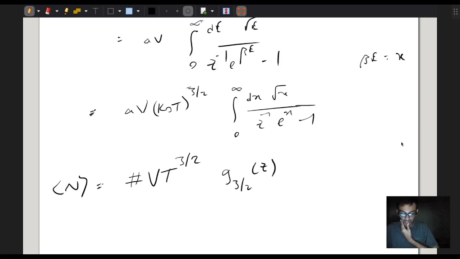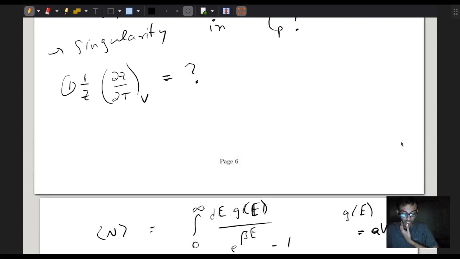So we want to find the derivative of z with respect to temperature at constant volume.